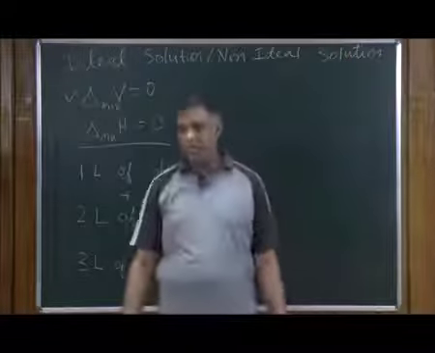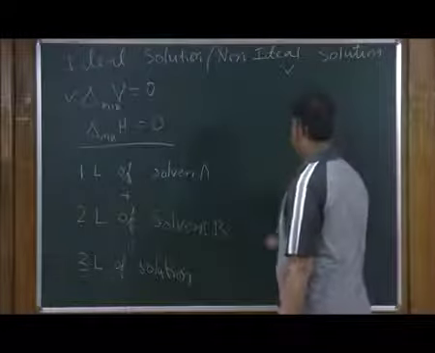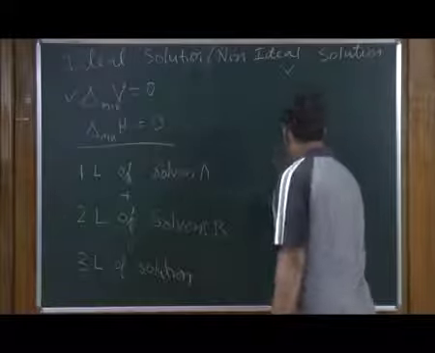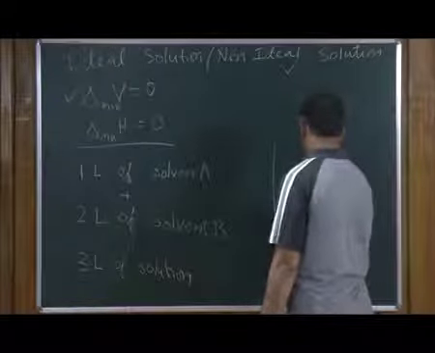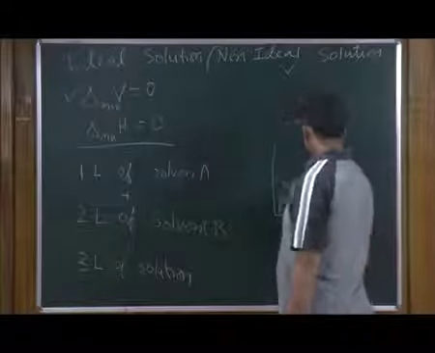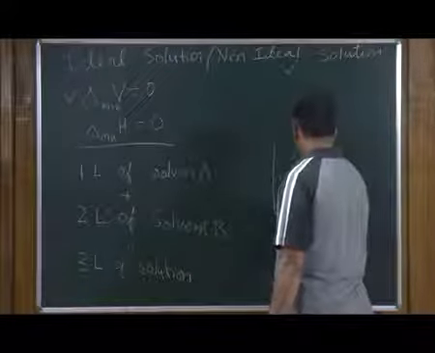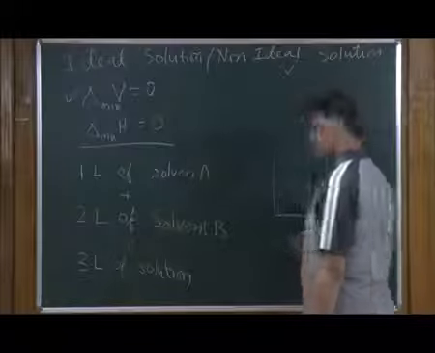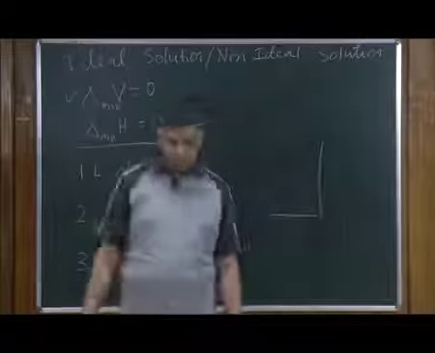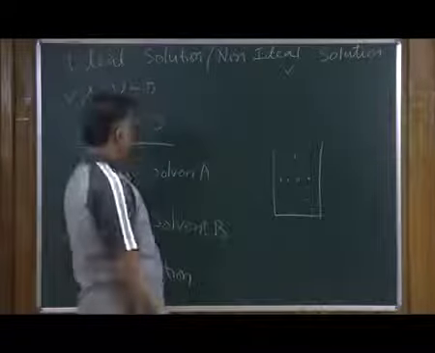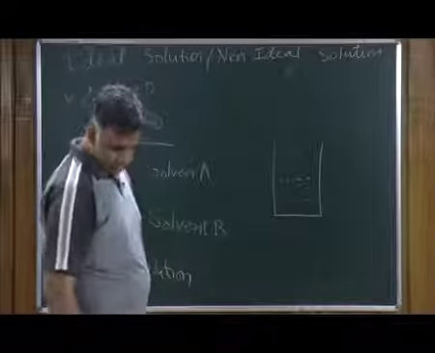Let us try to understand this with a simple diagram. Let us see, if I have a solvent A in a container, and on this vapor and liquid boundary zone, right now I have only solvent A. Now, to that I am going to add B, but beforehand let us try to understand what is happening.